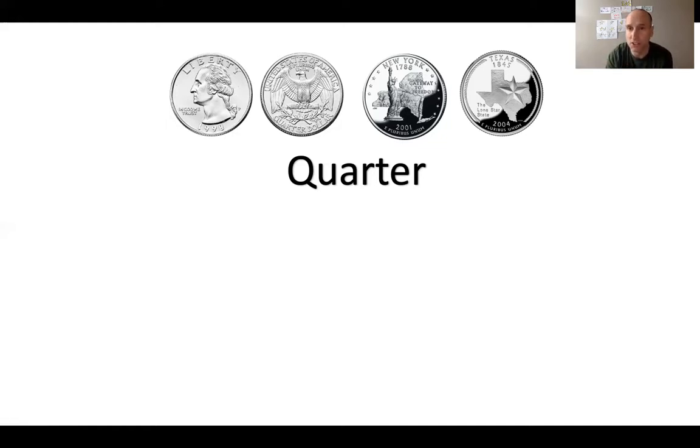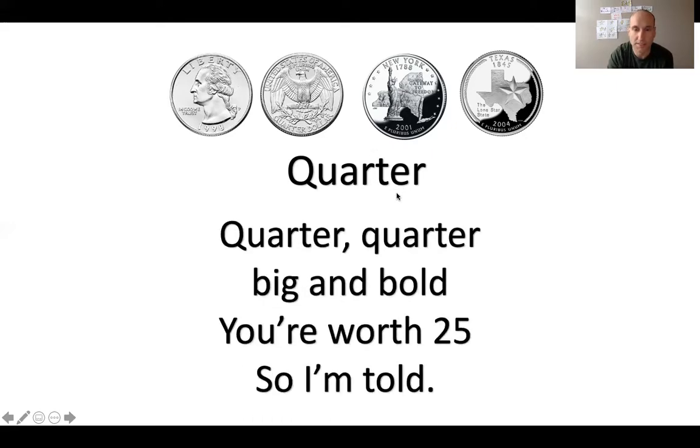So there's a bunch of new quarters out there, boys and girls, but on the front, you're always going to have President Washington, okay? And right here, you see the quarter. Say it with me, boys and girls. Quarter, quarter, big and bold, you're worth 25, so I'm told.